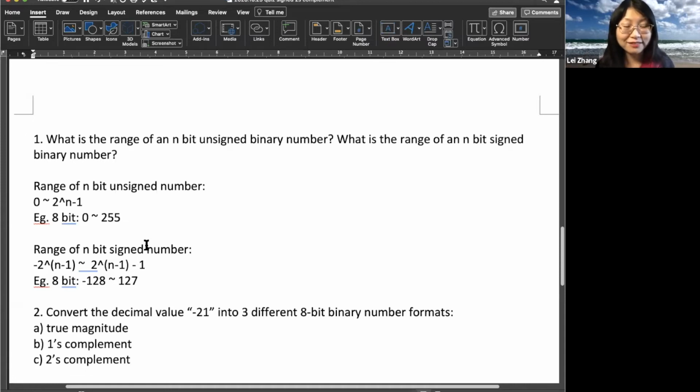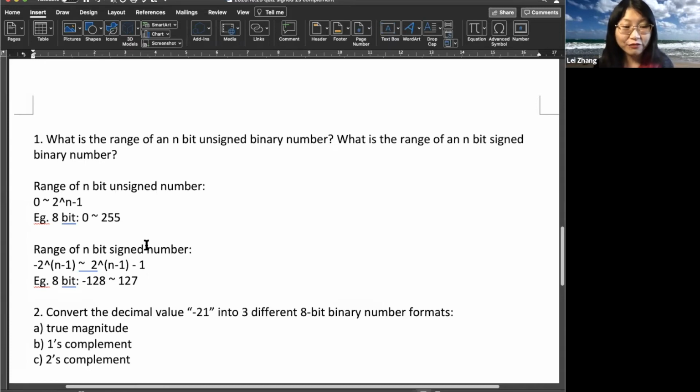On the positive side, we have to include the number 0. So when we use a binary value to represent 0, it also has the most significant bit, which is the sign bit, equal to 0. So we can't go up to positive 128. That would require an additional bit.